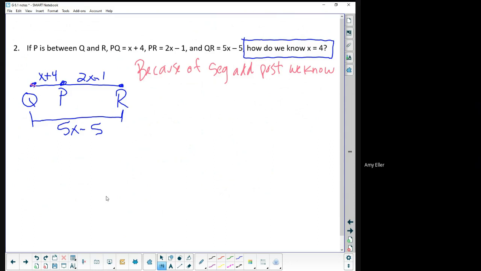You know that this segment added to this segment gives you the whole thing. We know QP plus PR equals QR.